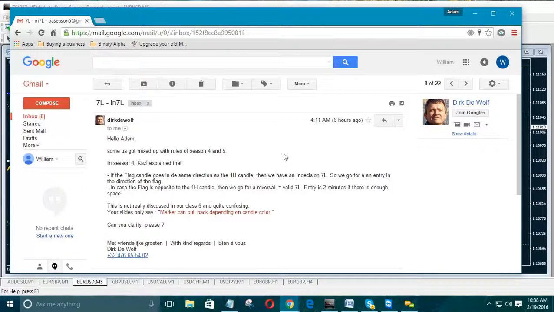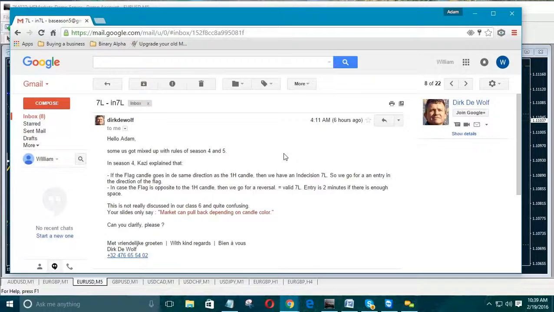He also, in other classes, talks about how we get valid seventh logics around tension lines, around big pins, around different stuff like that. So if we have a 1 hour candle going, say, in a call direction, for instance a white candle, and we have a flag candle going in the call direction, and it comes up to a tension line, we then have to think in our mind, oh, this may reverse from here. Okay.